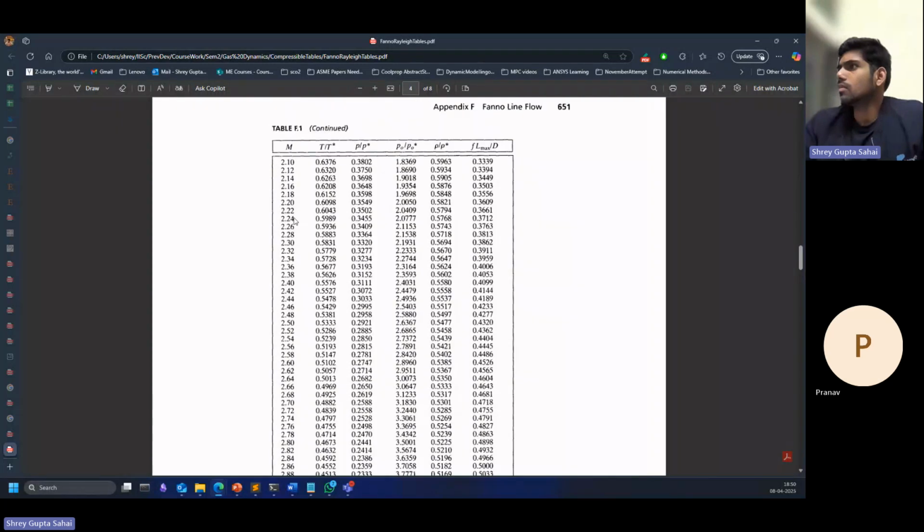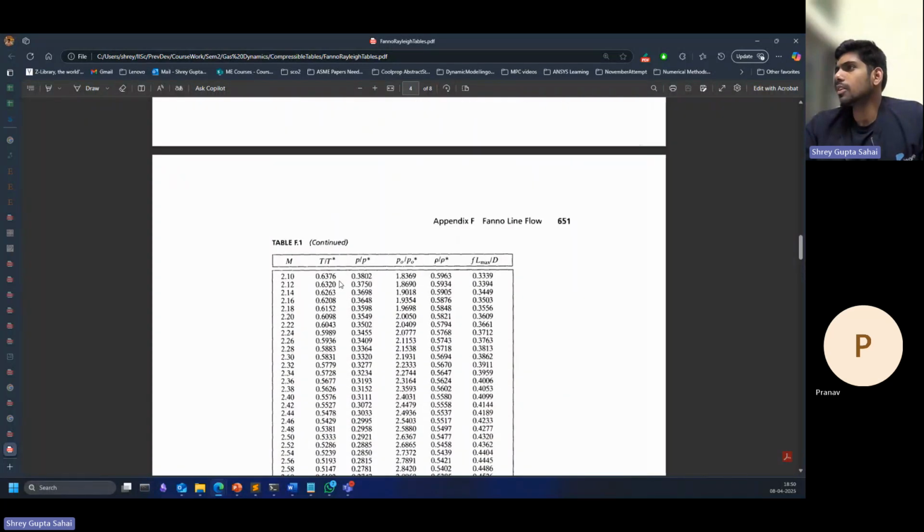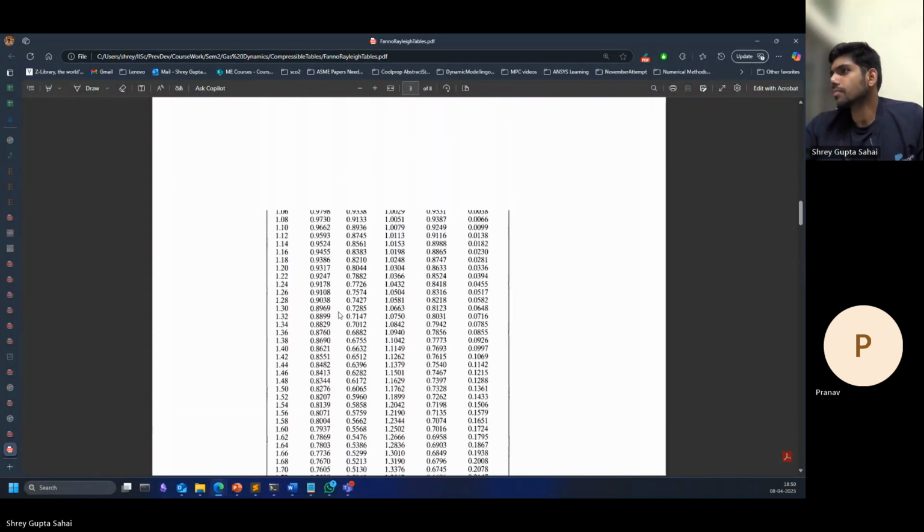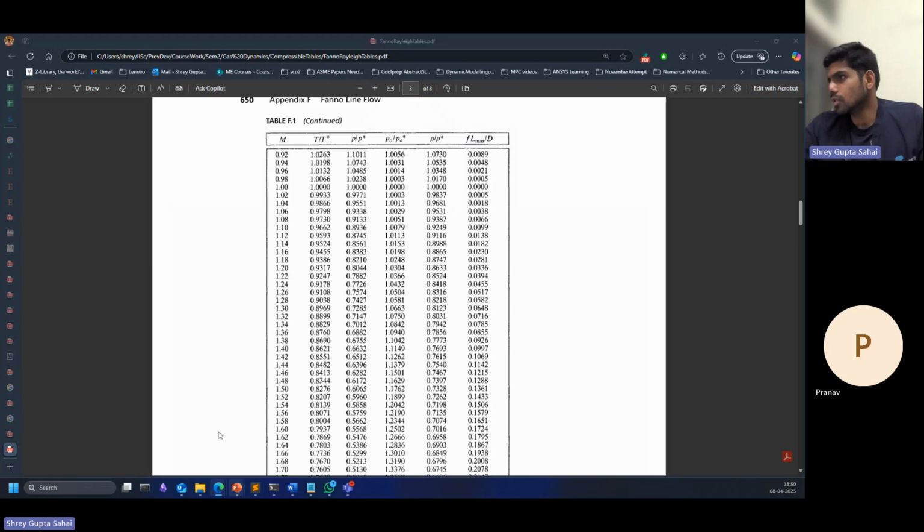So the Mach number is 1.6. Let's take it as 1.6, or 1.60. Yeah, that's a Mach number of 1.6.